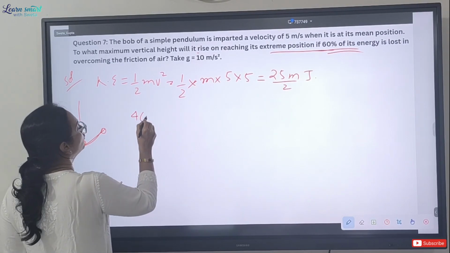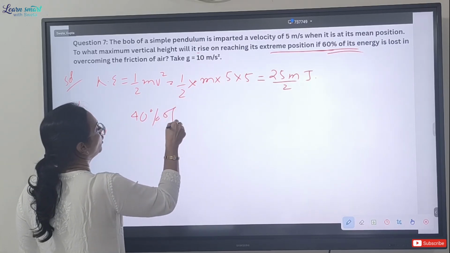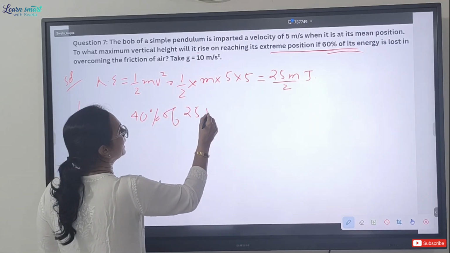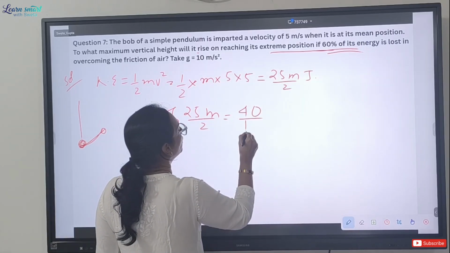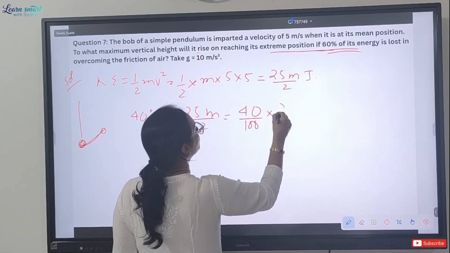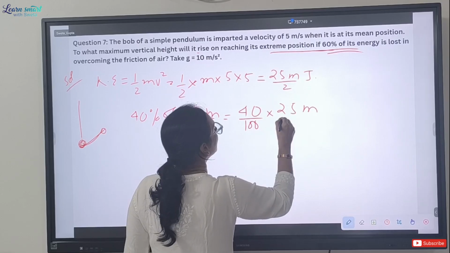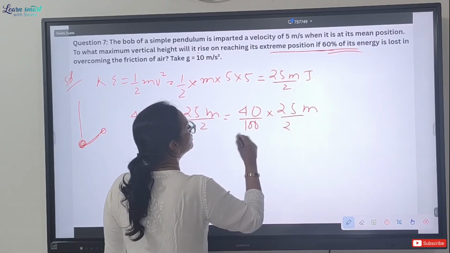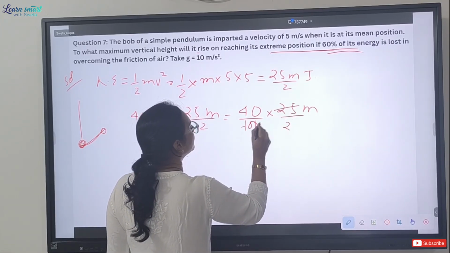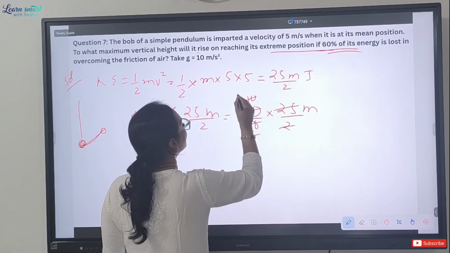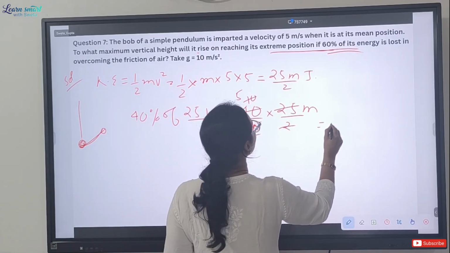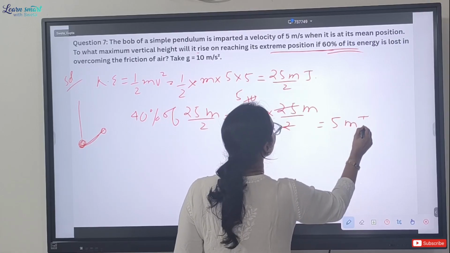So we will calculate 40% of 25 m by 2, which is 40 upon 100 into 25 m upon 2. Now just calculate: 25 4 times, 4 10 times and 2 5 times. So we are getting 5 m joules.